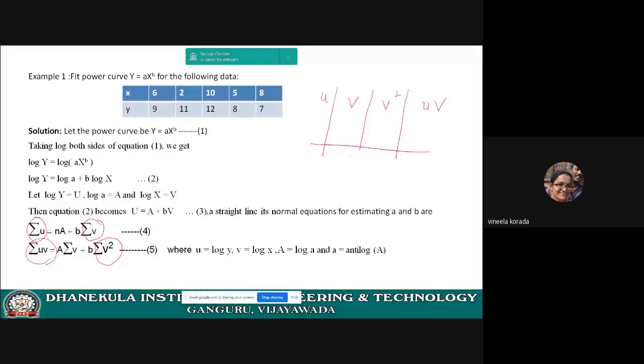Calculate all these four columns. Get me the total of these four columns. Yes, fast. Open your notebooks, calculate, and get me the answers. What is n here anyhow? Get me n also. What is n here? 5. Yes, it is 5, the number of observations: 1, 2, 3, 4, and 5. So n is 5. Now calculate and give me the answers.